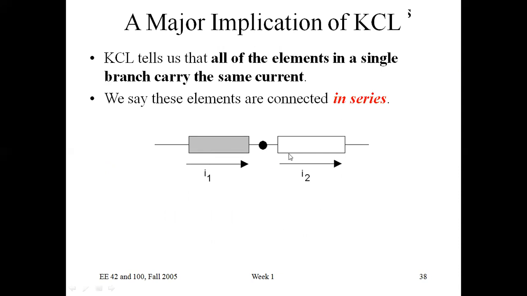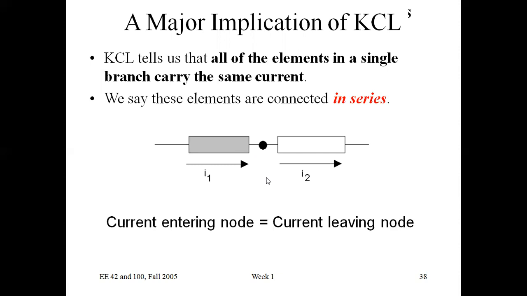Here this element and this element are in series, and suppose these are connected to this junction point, then I1 and I2 should be equal. The sum of the currents entering should be equal to the sum of the currents leaving. Current entering is I1, current leaving is I2. So I1 should be equal to I2. The current entering the node is equal to the current leaving the node. I1 is equal to I2 according to KCL.